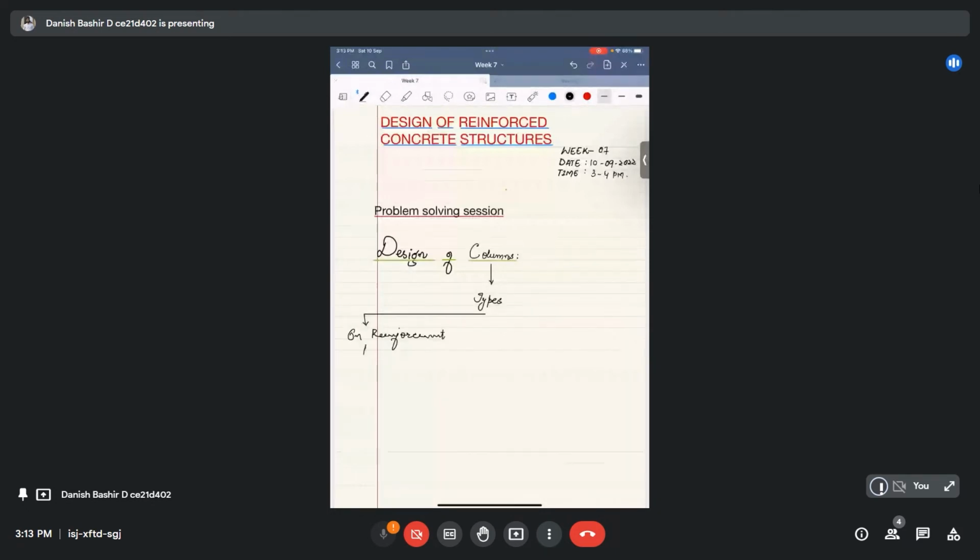Another will be on loading basis, the type of loading that is coming on the column or compression member.